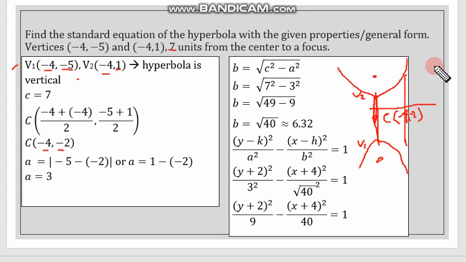Since it is a vertical segment, we will add and subtract the value of c, which is 7, to the y-coordinate of the center. What is the y-coordinate of the center? -2. So the value of c is 7.